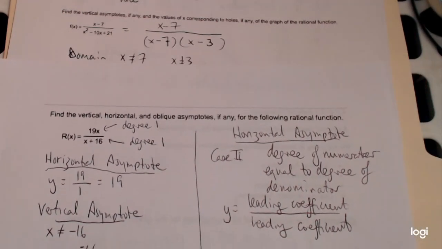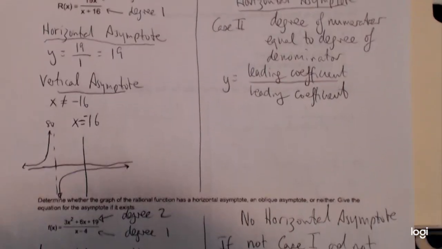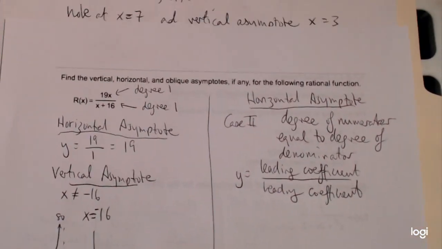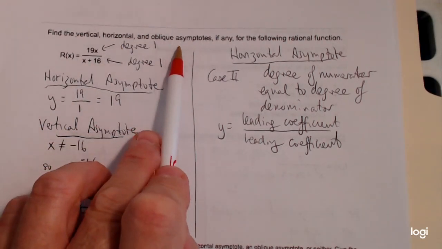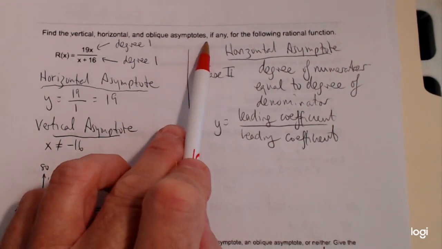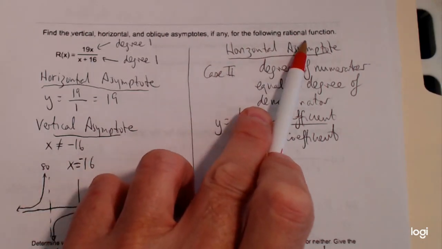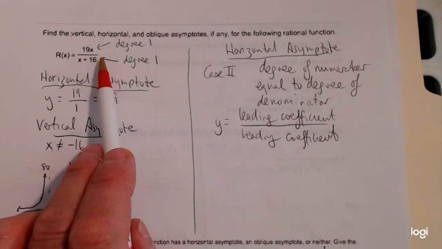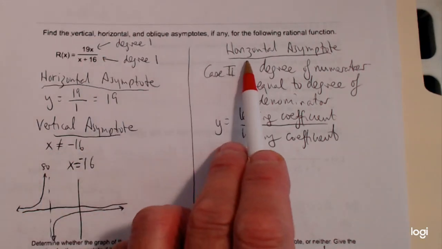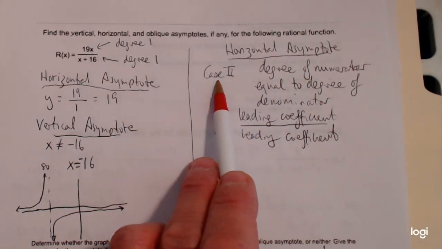All right. So now let's move on to find the vertical, horizontal, oblique asymptotes, if any, for the following rational function. My degree on the top is 1, and degree on the bottom is 1. So horizontal asymptote, case 2.